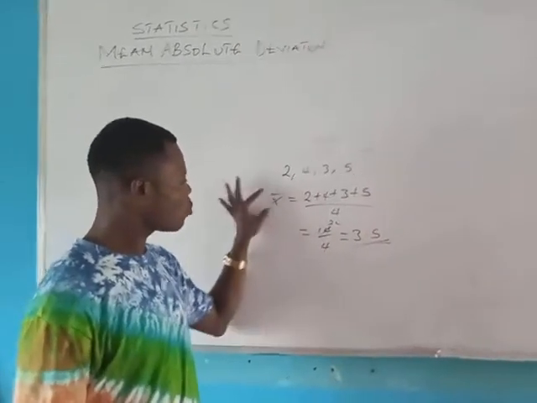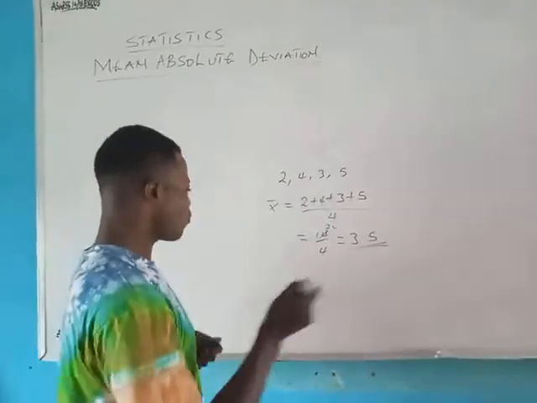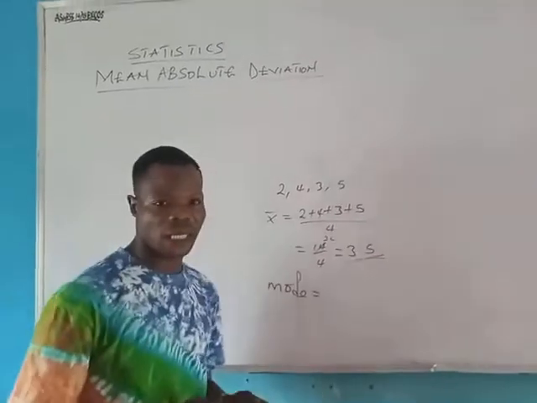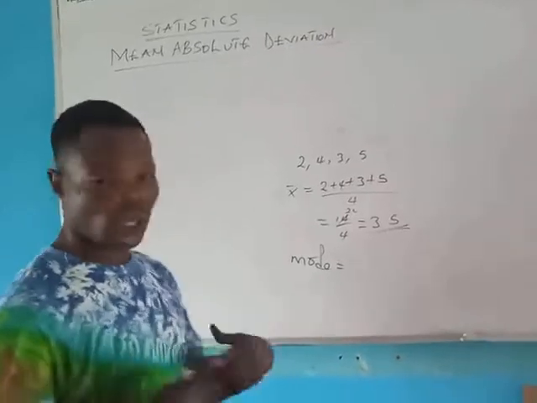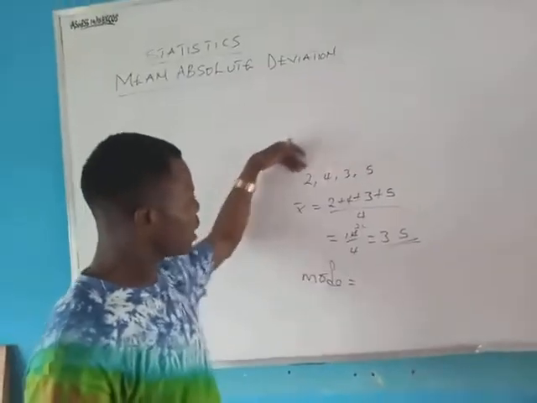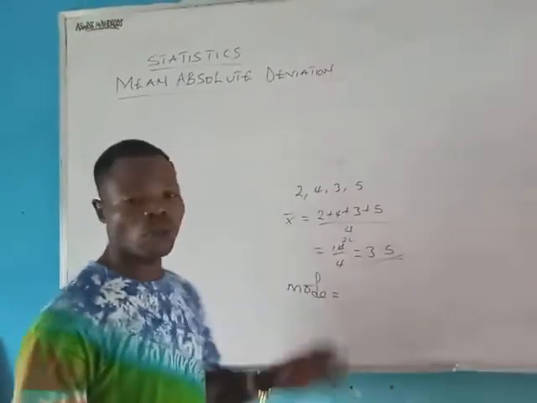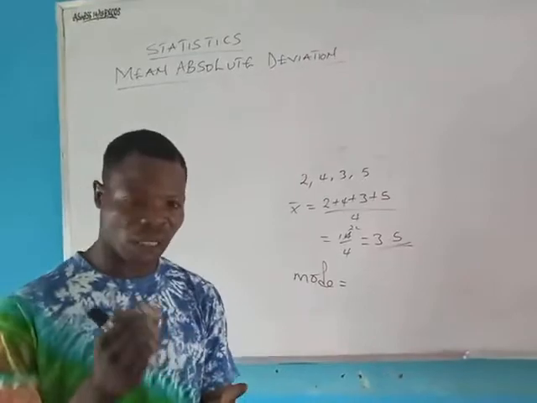So we are using this to get the center. If we also find the mode, the mode is the number that appears most frequently. So here we don't have a mode. There is no mode. And we can also use the median to detect the middle of any given data.